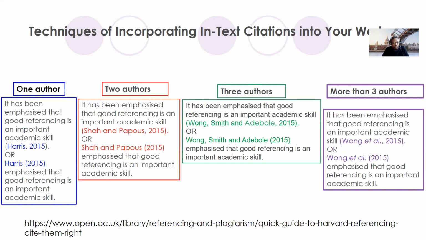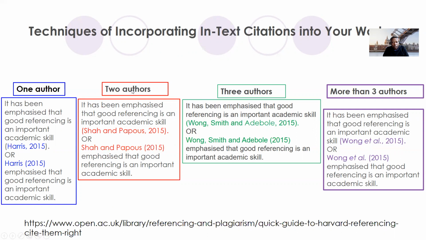With one author, which is the first box in blue, you simply state the name, comma, and the date. For example, Harris, 2015, if it is at the end of the text, or Harris, brackets, 2015, if it is at the start or somewhere in the middle.